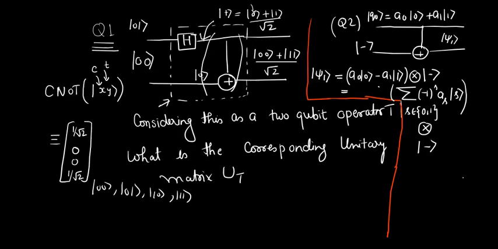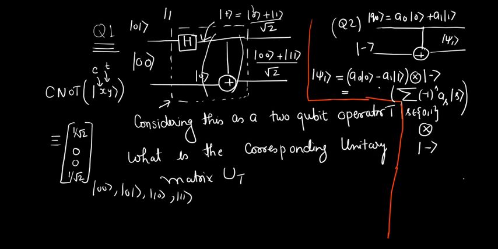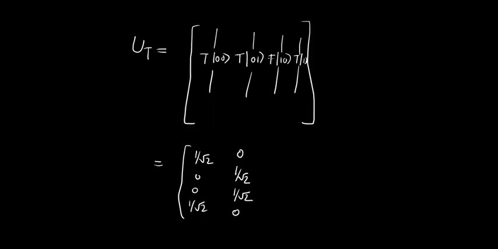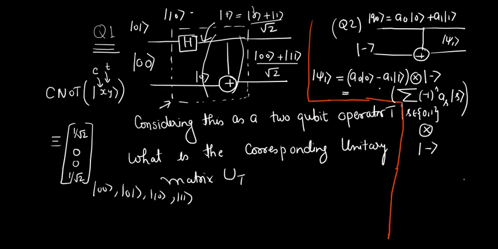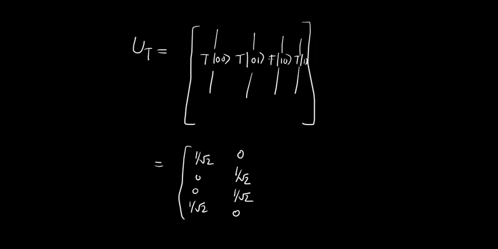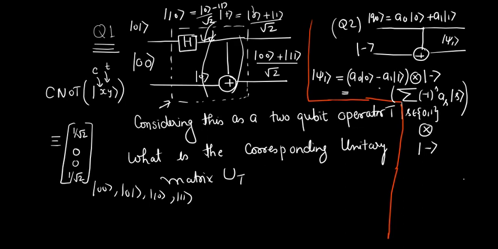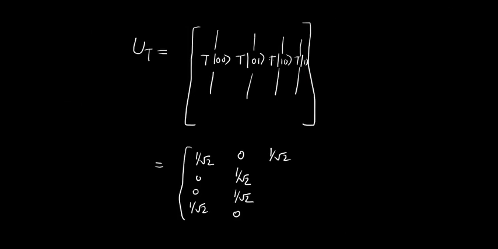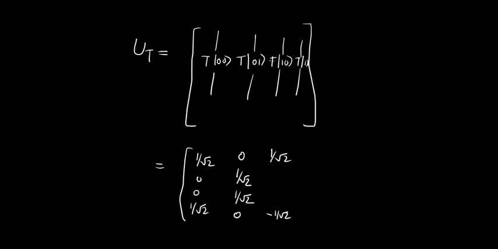And when we pass 10, then 10 will become 0, minus 1 by root 2 here. So we'll have 00, right? And we will have minus 11, yes, minus 11 by root 2. So that is T, right?